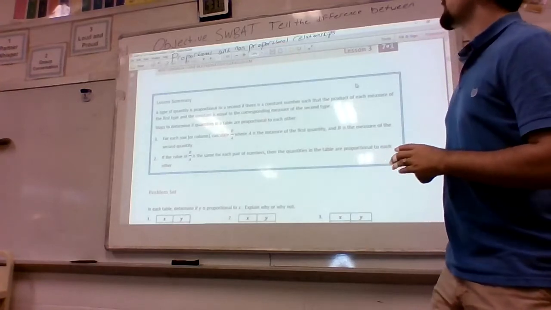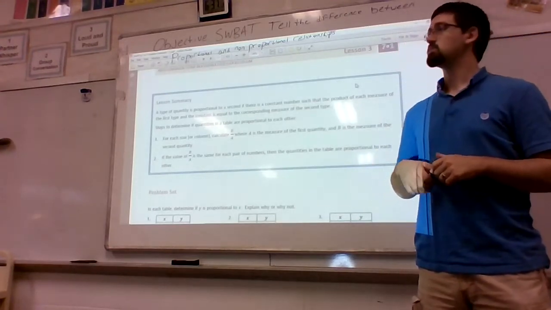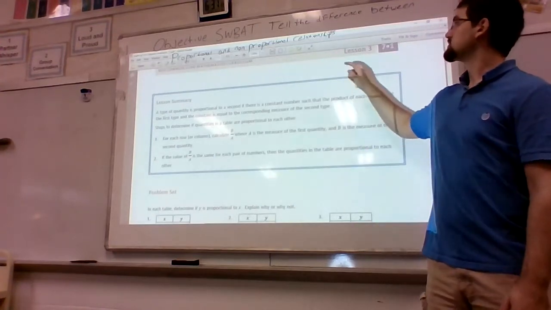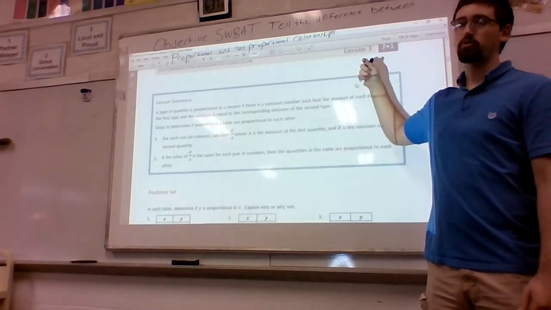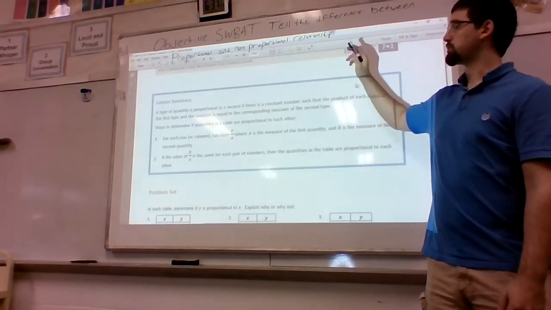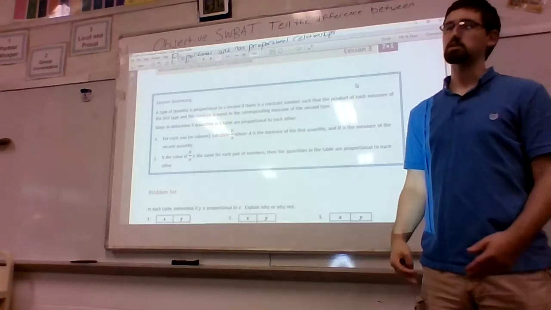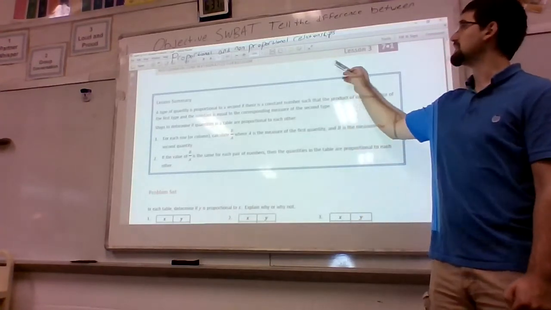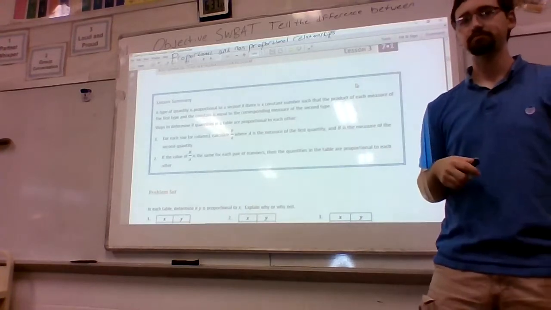So I prefer to use the actual rate instead of the unit rate. And so we just compare those for our different examples. If the rates match up in all our examples, we have a proportional relationship. If the rates don't match up, if it's not consistent and staying the same, it is a non-proportional relationship.